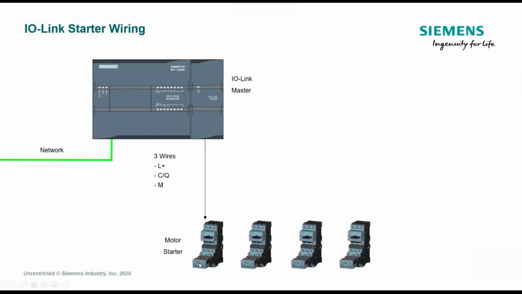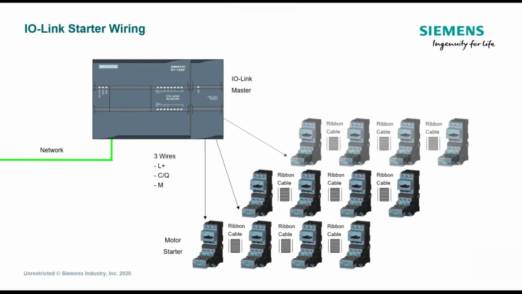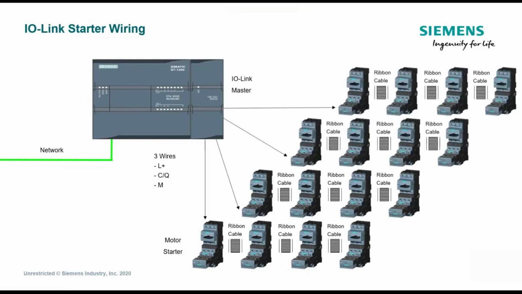And then through ribbon cables, you can bring in 3 additional starters. So that one 3-wire connection as a device is now handling 3 or 4 starters. And since that's only tying up one port, with that one master I could do 16 of these starters and have individual control and individual diagnostic data coming back from the starters. So traditionally, from a full device, it's 4 devices per master.